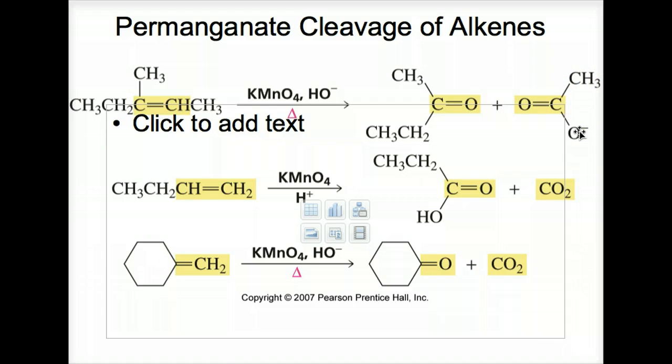If the reaction is carried out under acidic conditions, the second reaction here, any carboxylic acid product will be in its acidic form, which is shown here. It still has its proton. Up here, it lost its proton. And terminal alkenes form CO2. Here's a terminal alkene, and carbon dioxide is a product.